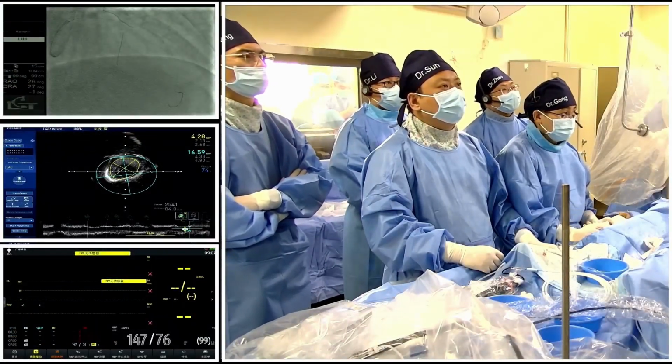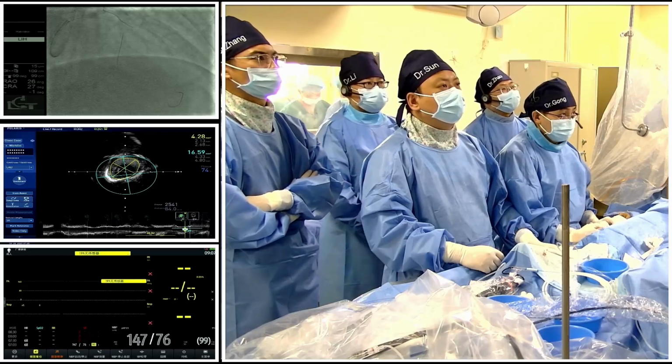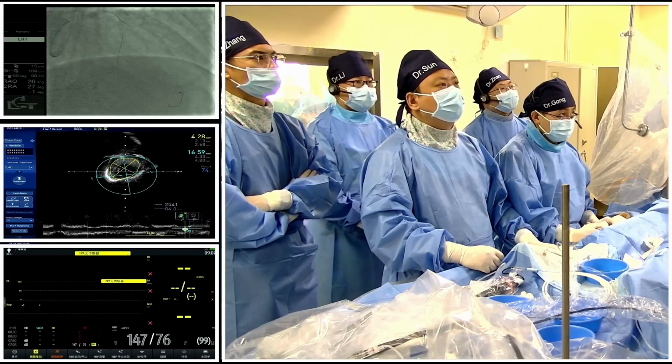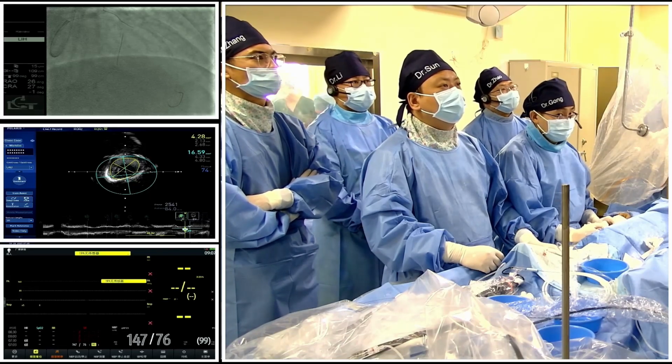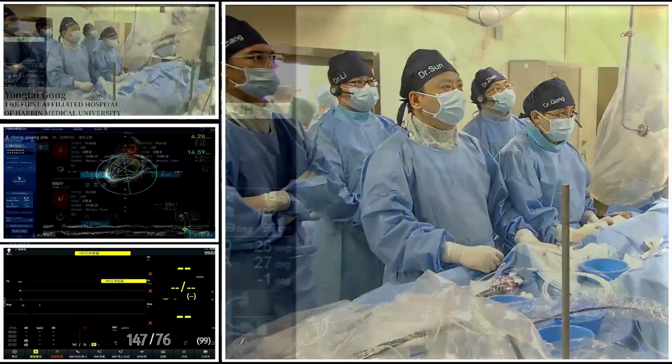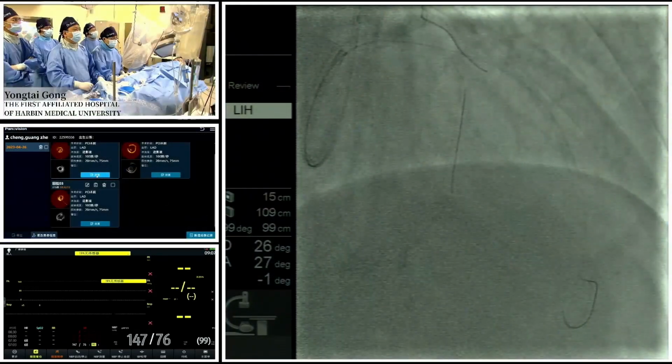That provides us a warning that maybe we need to modify the proximal lesion with some special devices, and maybe we need a guiding catheter with stronger backup support, and so on. That information will not be afforded by either CTA or coronary angiography alone. Please show us the angiography this time.